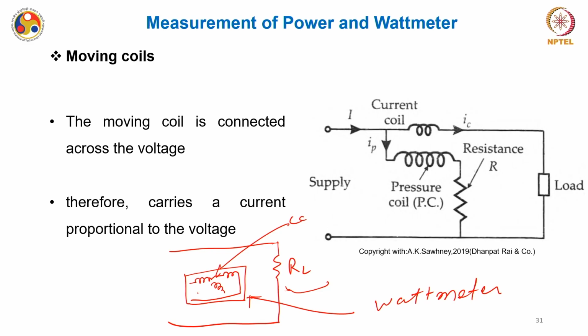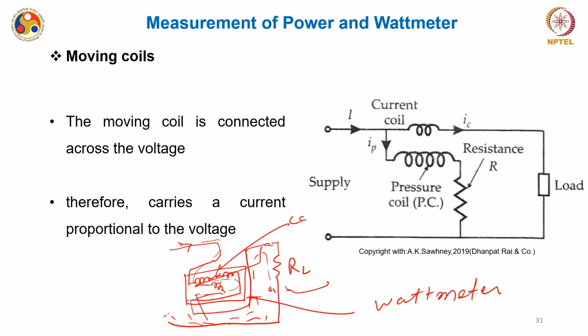So this current coil will be connected somewhere here, like this. Current is flowing through this current coil, and the moving coil, which is giving the potential, is connected across this, which is shown over here.